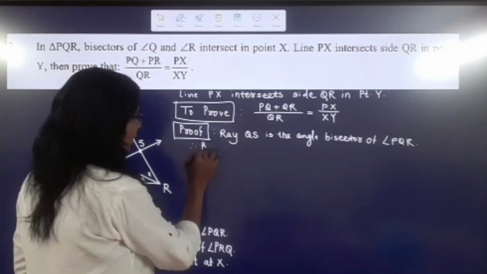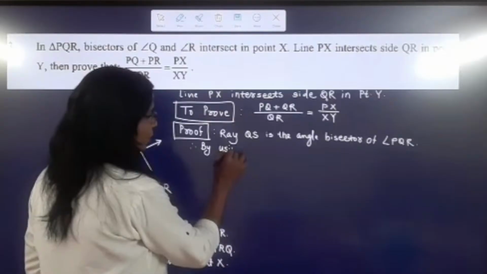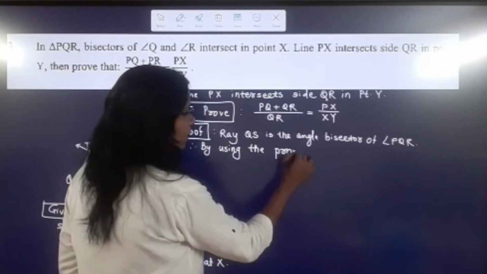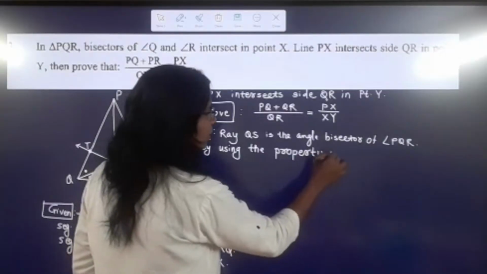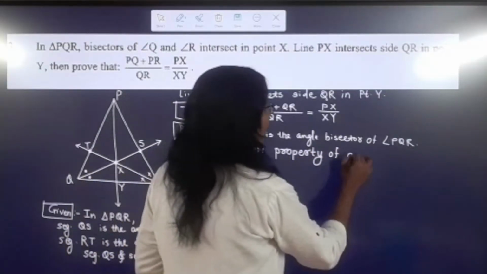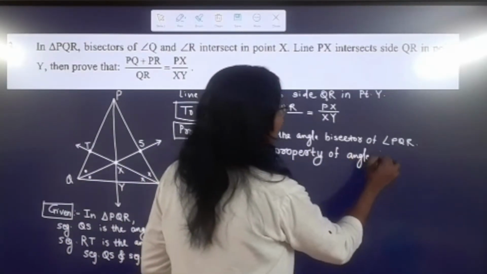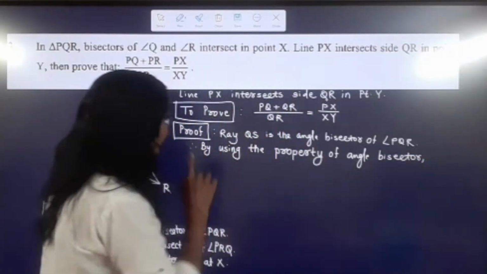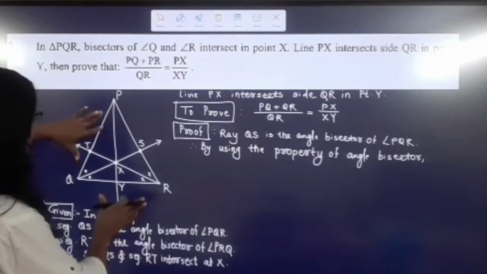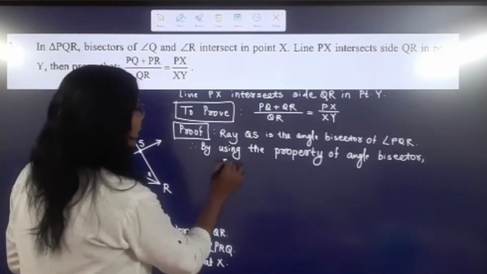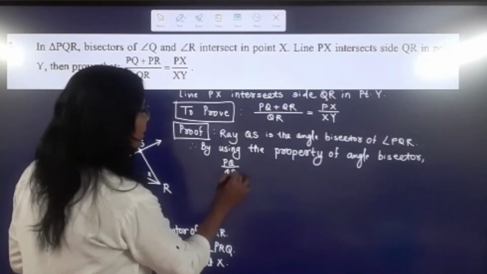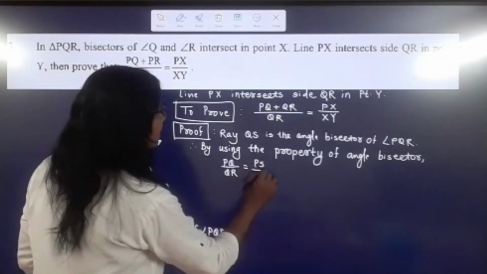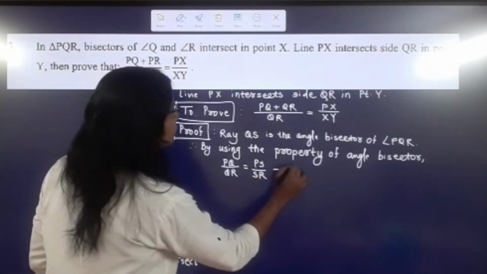So here by using the property of angle bisector, then we can say, students, that PQ upon QR is equal to PS upon SR. PS upon SR. Call it as first one.